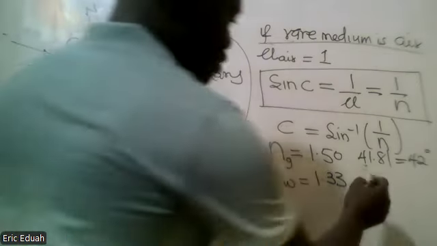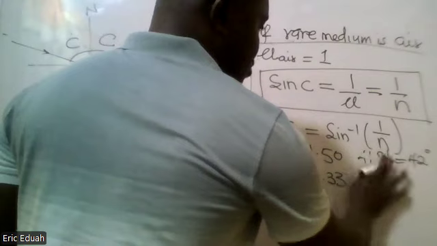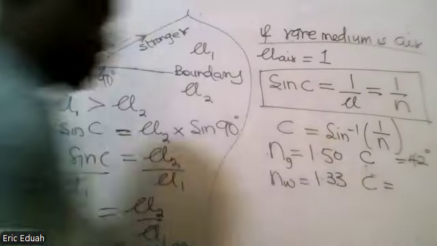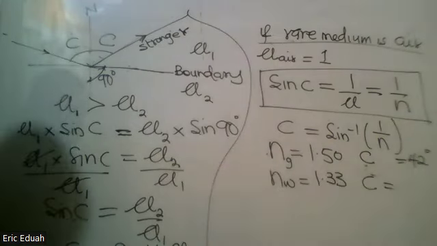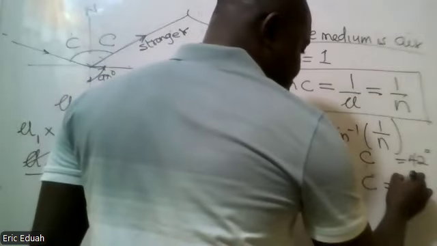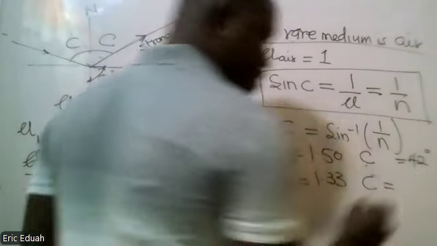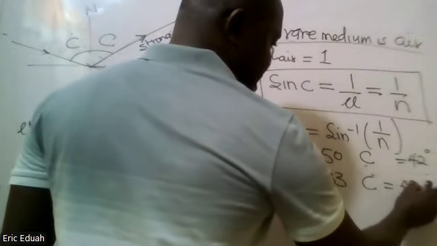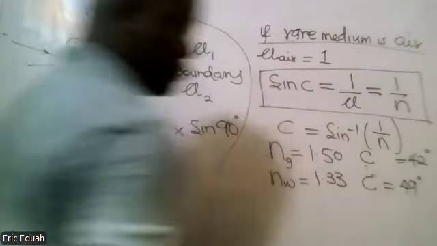What did you make for the critical angle of water? 48.75. So approximately 49. Yes.